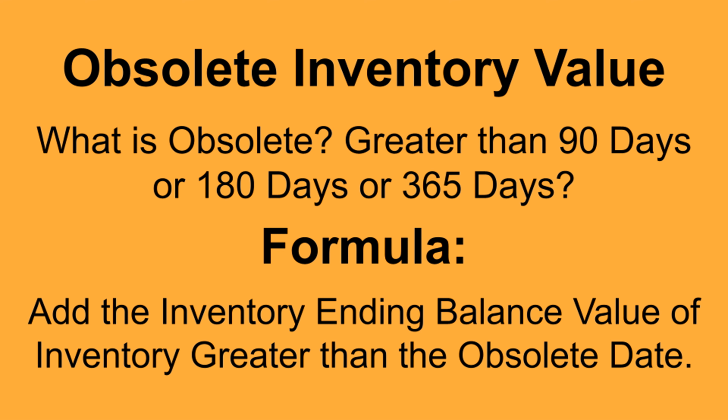This is all going to depend if you have an obsolescence return to the OEM or not. So define what is obsolete in days, weeks, months, years, whatever it may be. It may be 15 days. If you're working with a product that's hypersensitive to a code date, then you really have to watch your obsolescence.